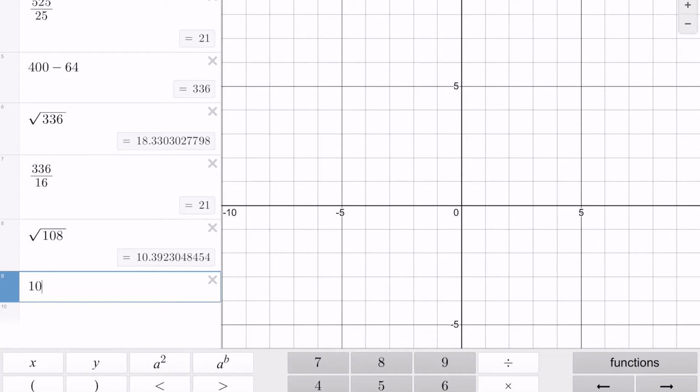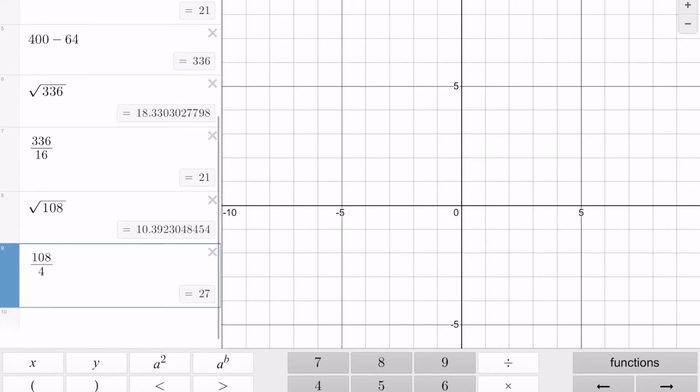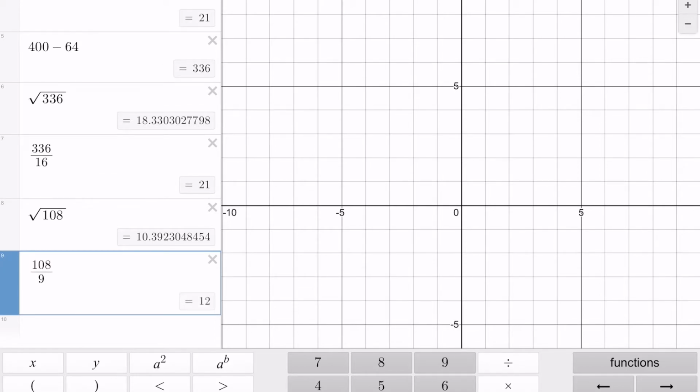What we can do is 108 divided by 4. Okay, that's my lowest perfect square besides 1. I get 27. Now take a look at 27. 27 is 9 times 3. 9, 18, 27. Yep. So I can go more than 4. I can definitely go more than 4. What's the next one? 9. 12 is still 4 times 3, so I can keep going. 16.